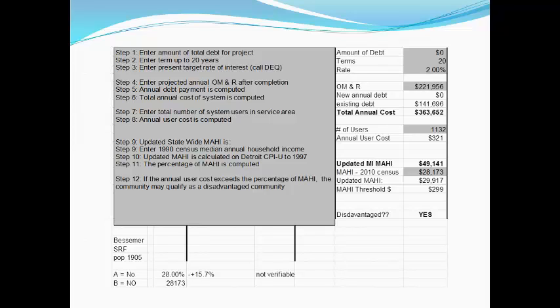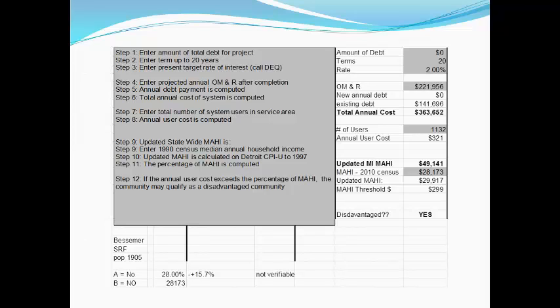We apply to that a ratio that deals with the Detroit Consumer Price Index so that we can take the 2010 census number and bring it up to 2013 levels. Then we come up with a MAHI threshold, a median household income threshold, and in this case it's $299. That's the threshold that the applicant or municipality must exceed to be determined disadvantaged.